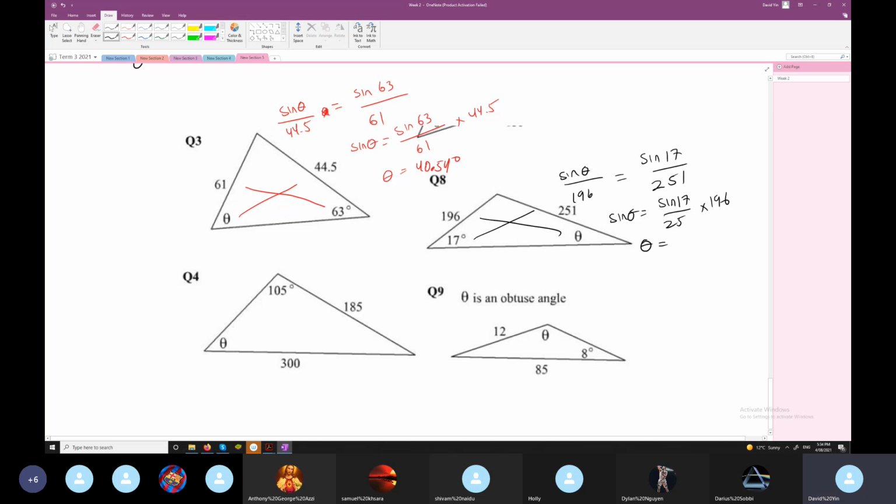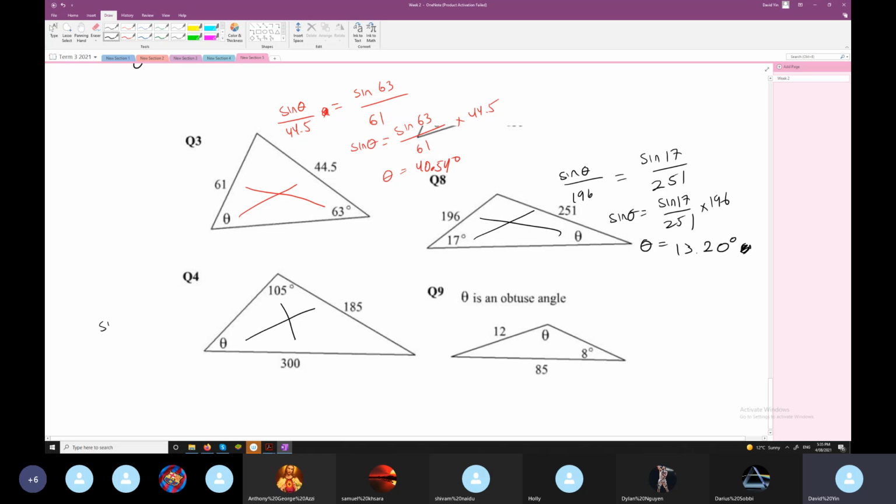Oh, this one seems interesting. Oh, that should be 251. Whoops. Sine 17 divided by 251. That will be 13.20, and it should be in degrees as well. This one goes with this one goes with this one.